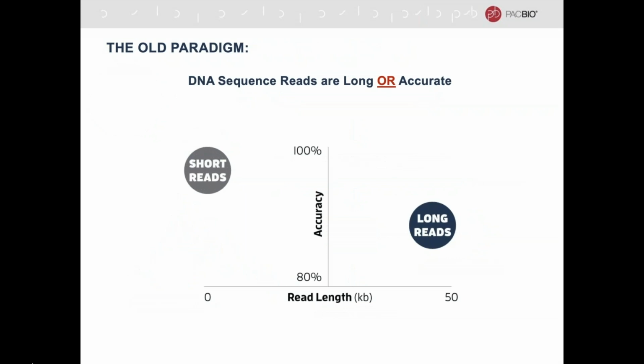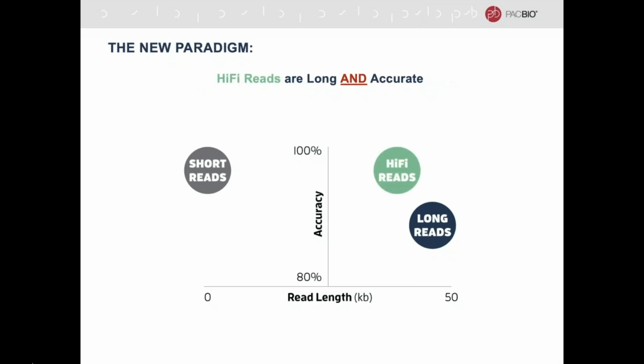So when you thought about sequencing previously, there were two kind of paradigms that you could think about. One of them was if you wanted really high accuracy, you had to do short reads. And so those reads are going to be very short, generally much under 1 kb. Or you could do long read sequencing, and with that you were able to get read lengths out past 50 kb, but the accuracy for those was going to be a little bit lower than short read technology.